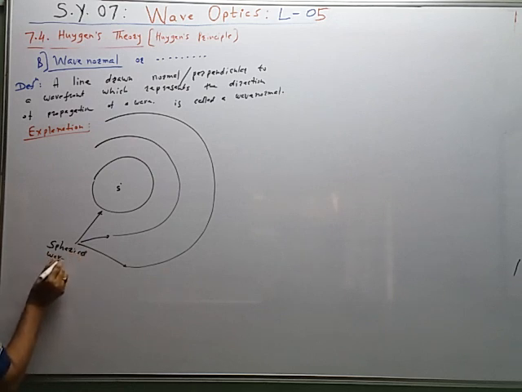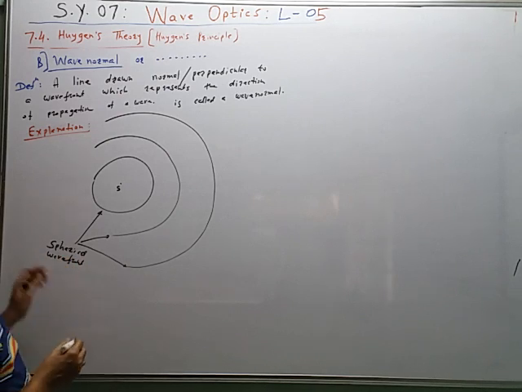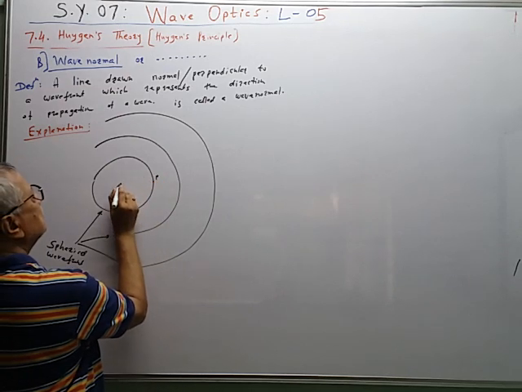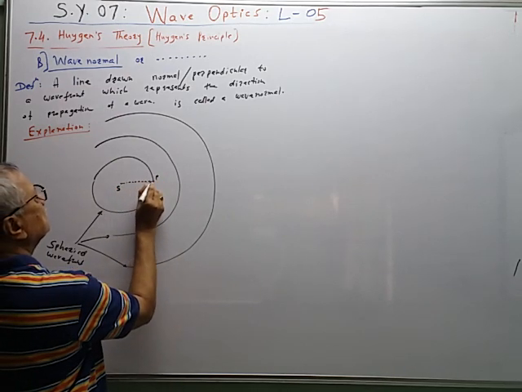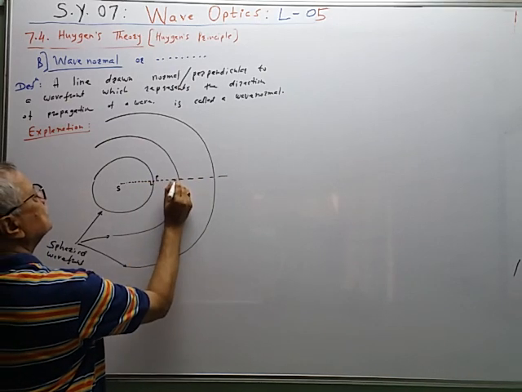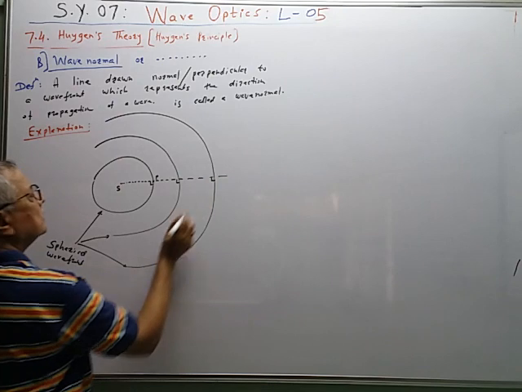Spherical wavefront. Now, if we consider the point P here, then if we join the line SP, then this angle is 90 degree, this is also 90 degree, this is also 90 degree.